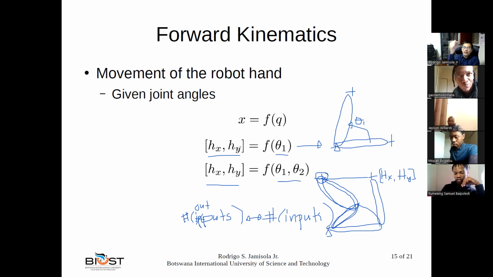Coupled means one will move and the other will go with it. But here you have two joints. One will move HX, but you can choose to maintain HY and not have it influenced by the movement of HX, because you have two joints that can do that. You have two independent input variables resulting in two independent output components.